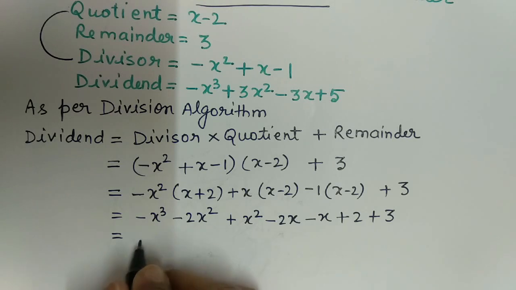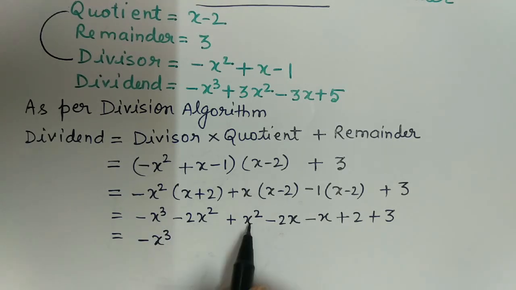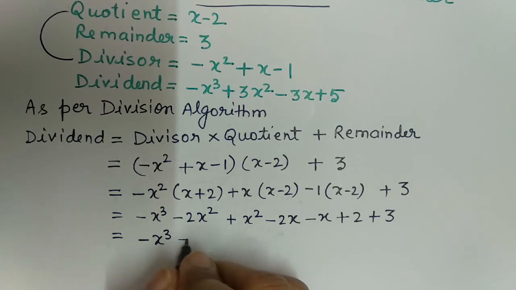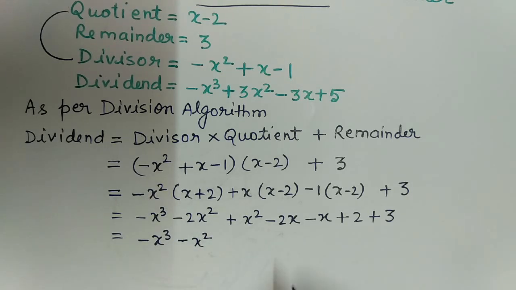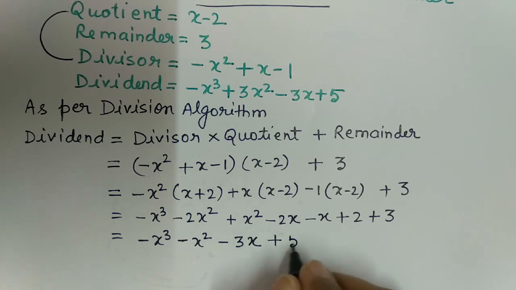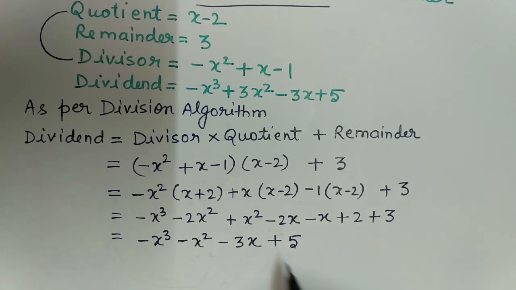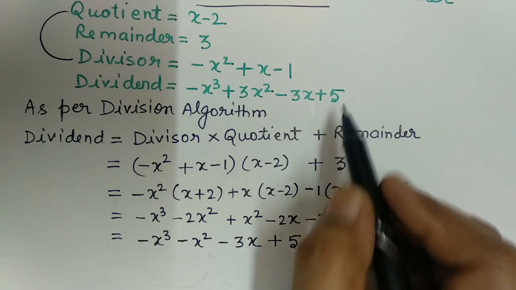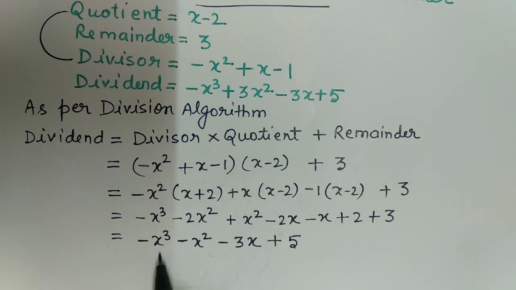Now it is minus x cube. This is minus 2x square and this is plus x square. So you will get minus x square. This is minus 2x and this is minus x. So you will get minus 3x. This is plus 2 and this is plus 3. So you get plus 5. And just compare. It is minus x cube.